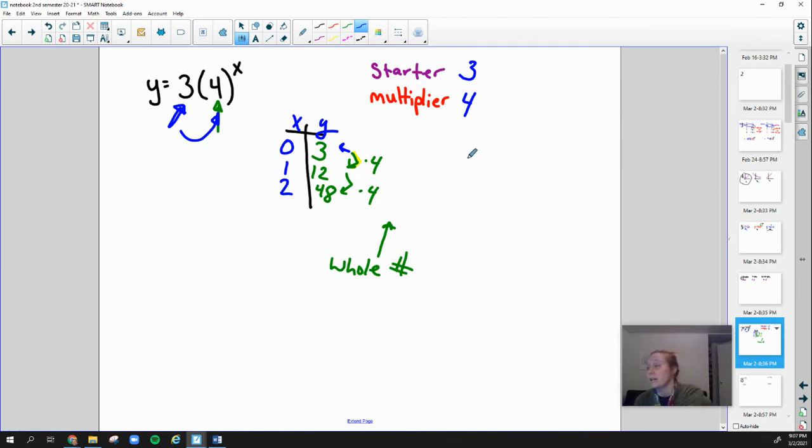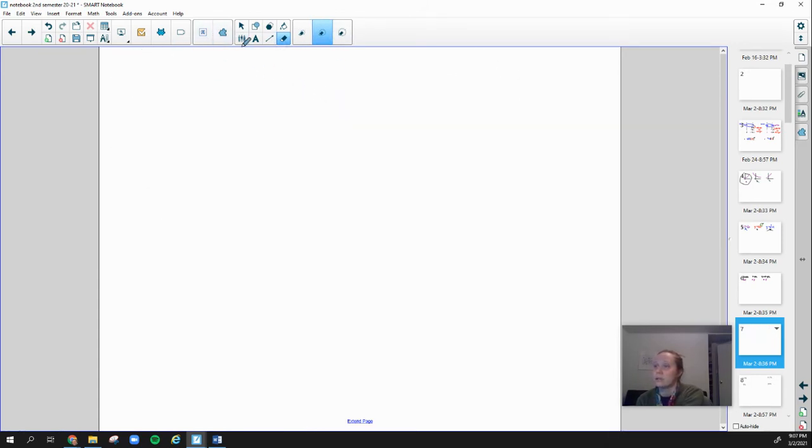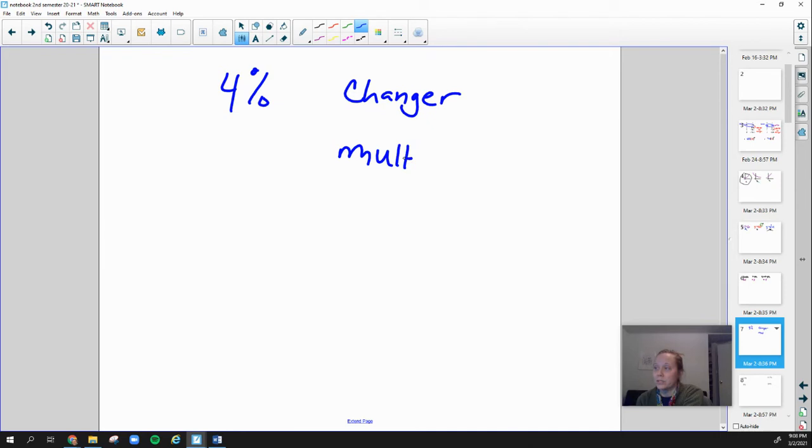But what if I said that it was not quadrupling, but it was increasing by 4%? If 4% is my changer, how much it changes by, then what's my multiplier going to be?